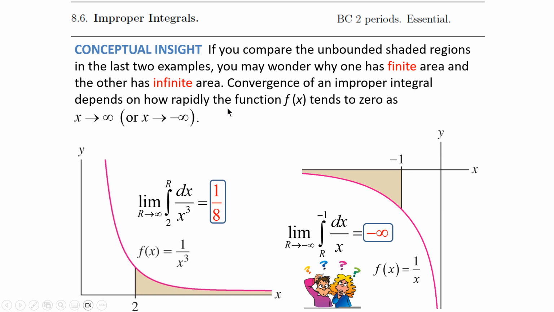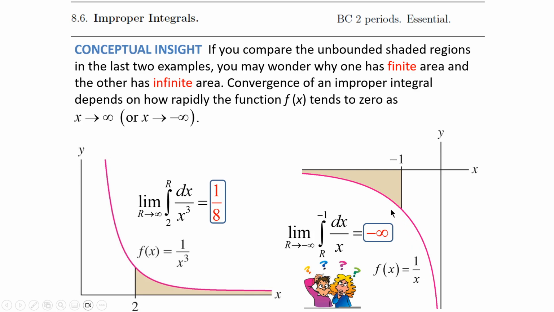Convergence of an improper integral depends on how rapidly the function f of x, that integrand, tends to 0 as x approaches infinity or x is approaching negative infinity. So for the 1 over x to the third, that function is approaching 0 fast enough for convergence. See this 1 over x?